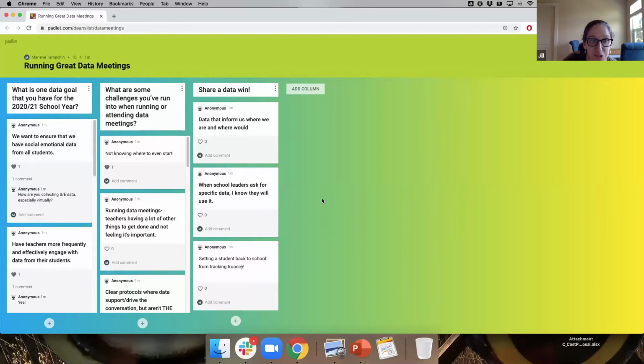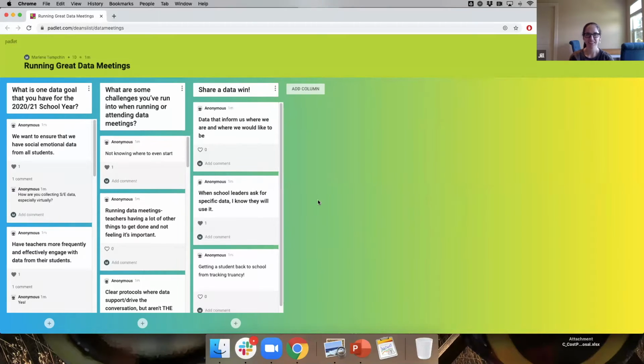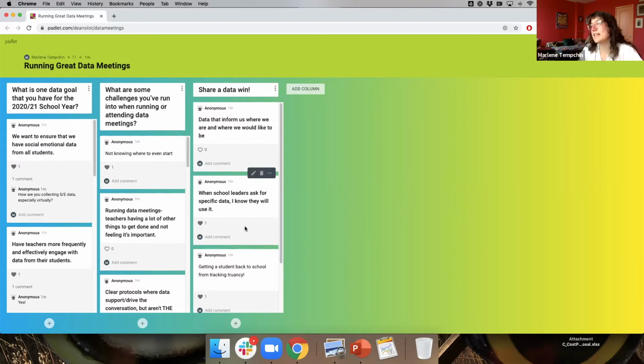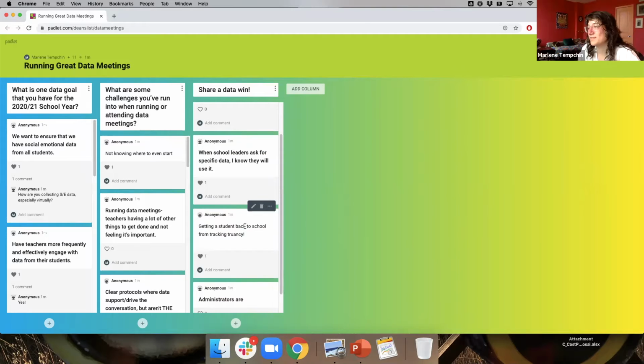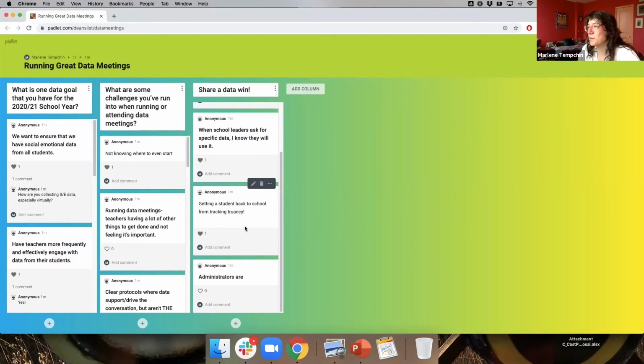That's awesome. When school leaders ask for specific data, I know they will use it. And I think attendance data can be a very powerful data source to be like, okay, this is the student that needs support. Being able to follow up with them.